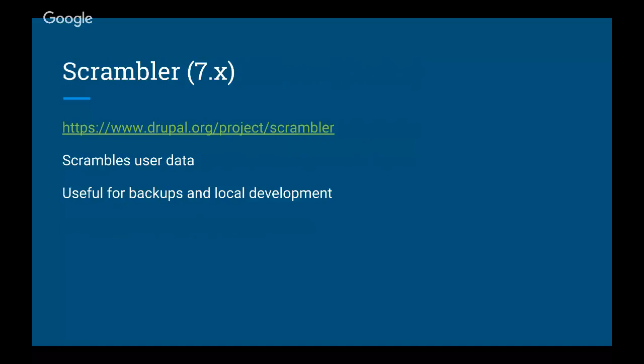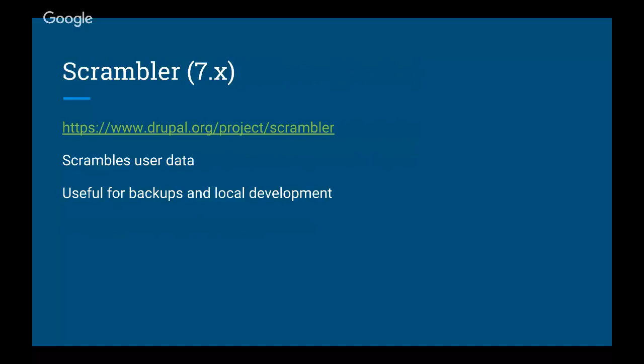So now we're getting to the point where we have stored some user data in our database, and when we do our backups and our local development, we want to make sure that we don't have the email addresses, the names, and other personal data on file. So this module, the Scrambler module, basically scrambles all the user data. It's available for Drupal 7.